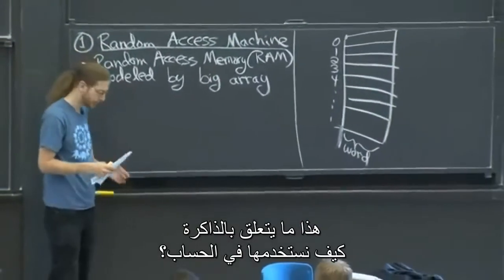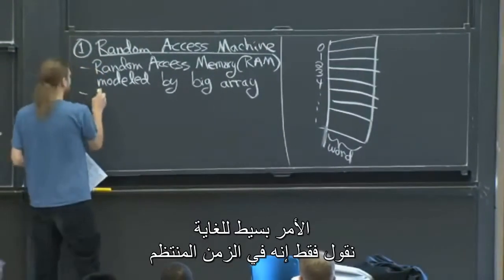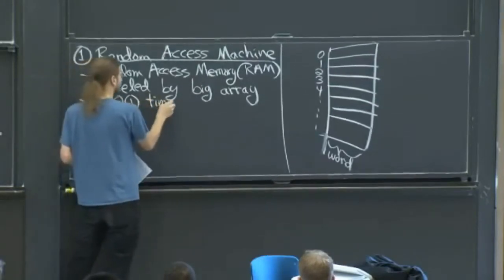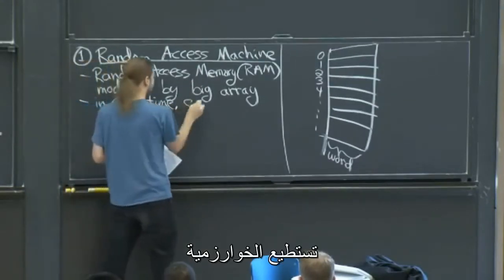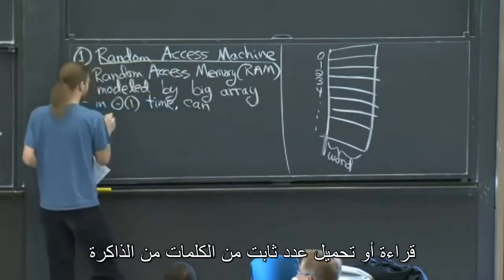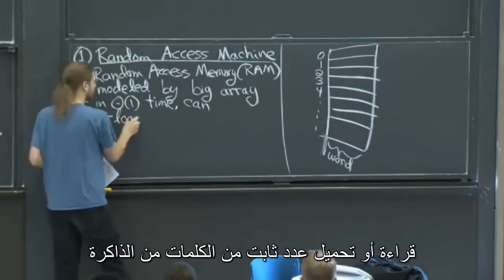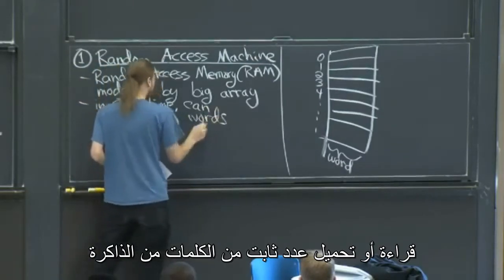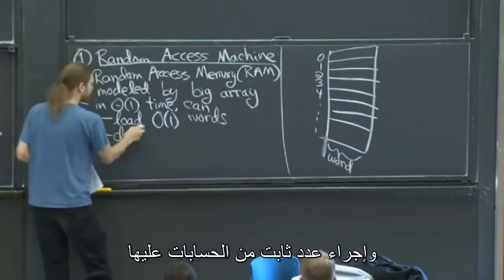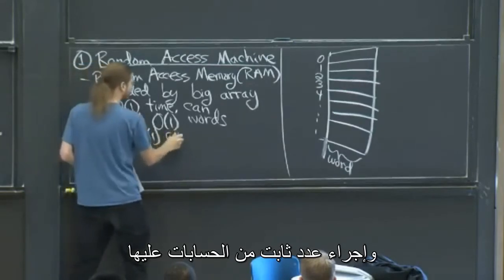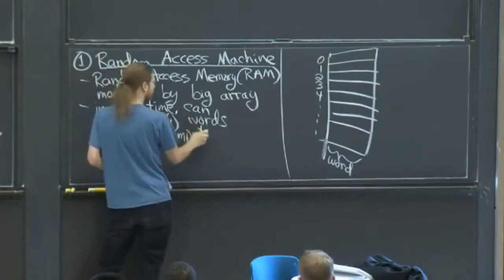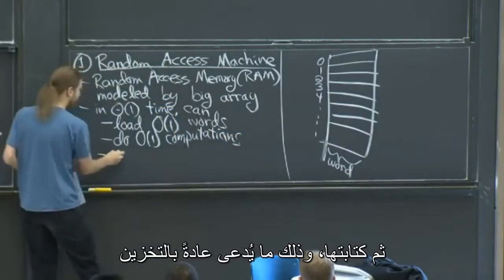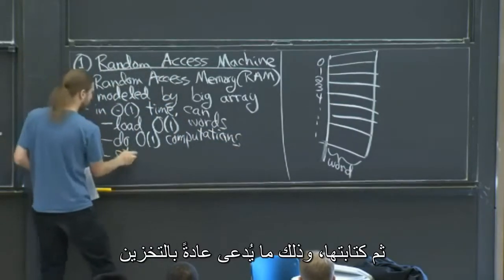Okay, now this is the memory side of things. How do we actually compute with it? It's very simple. We just say in constant time, an algorithm can basically read in, or load, a constant number of words from memory, do a constant number of computations on them, and then write them out. It's usually called store.